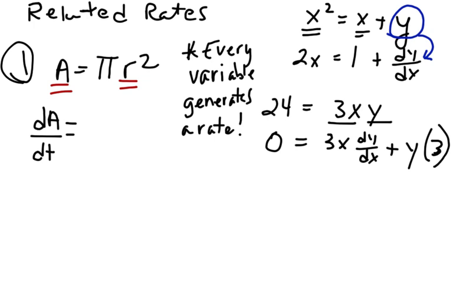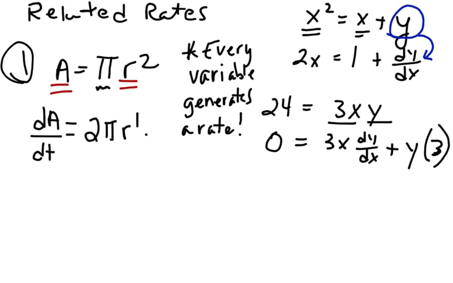Now here, to take the derivative of pi r squared, you need to remember pi is a number, not a variable. So I can just use the power rule here. 2 times pi in the front, r to the power of, take 1 away from the power, so that's 1.